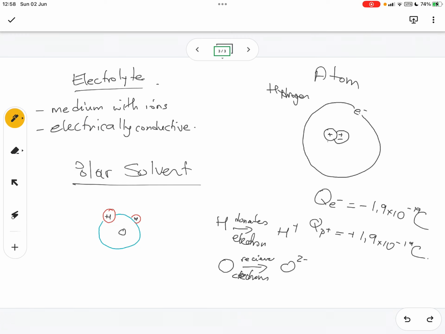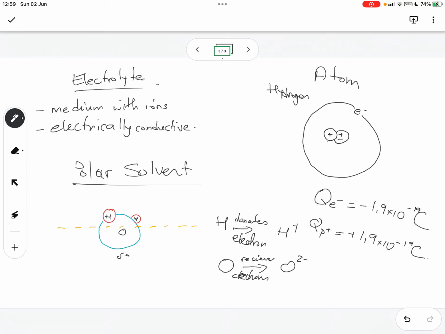And this combination of these specific chemical elements gives them a polarity. Why? It gives them a polarity. Now, because oxygen receives electrons, it becomes even more negatively charged.